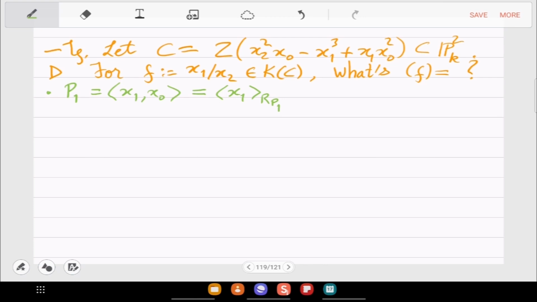So let's now check the valuation of f, which is the valuation of x1 minus the valuation of x2. What is the valuation of x1? Well, the uniformizer is x1 itself, so this is 1. And what is the valuation of x2?